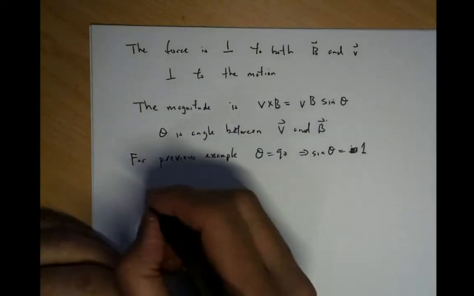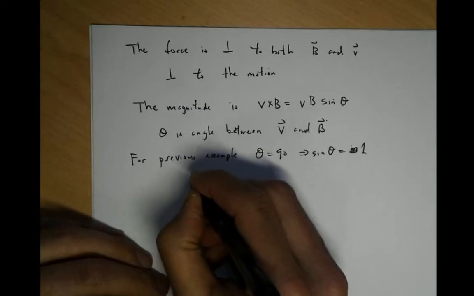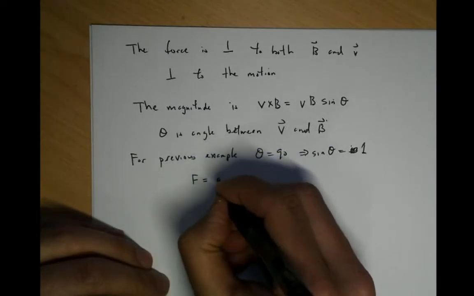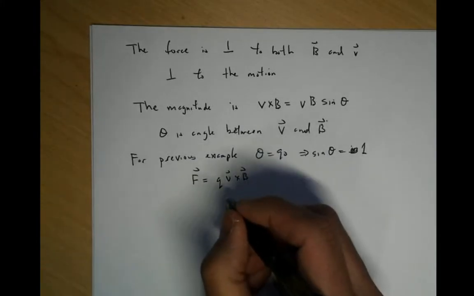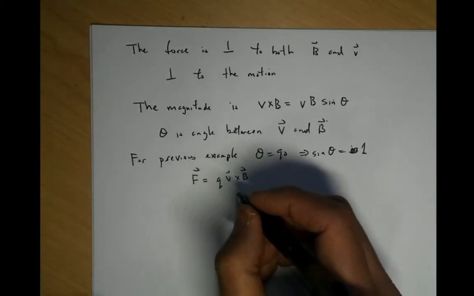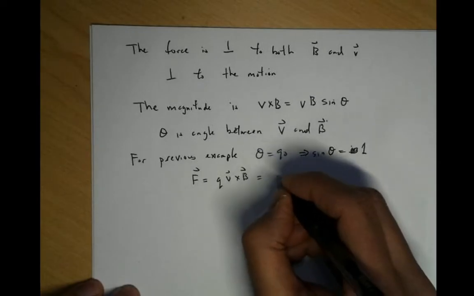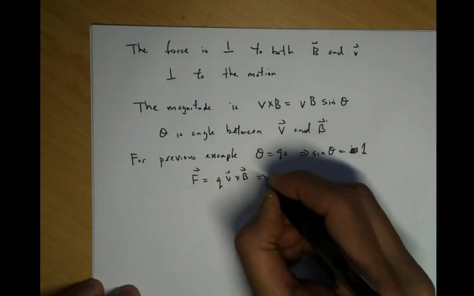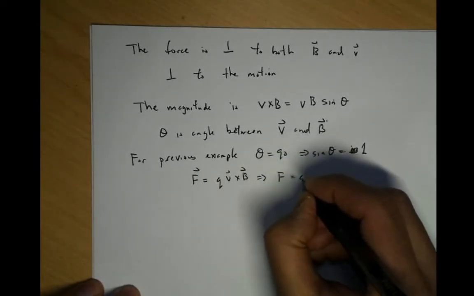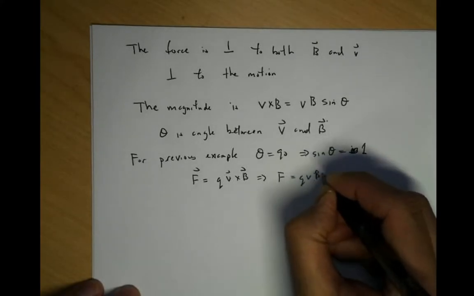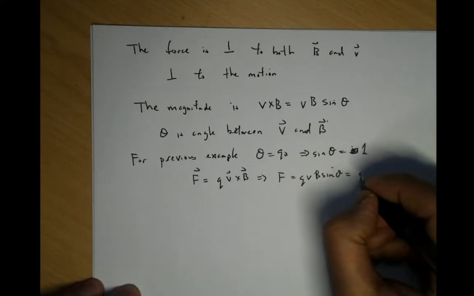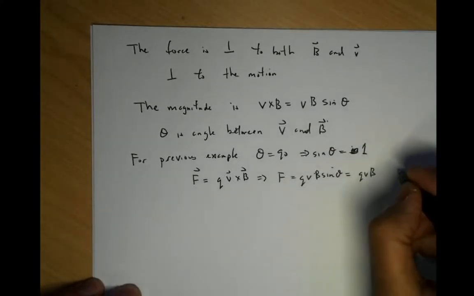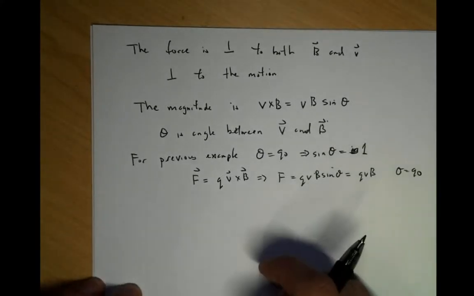Okay, so we wrote that the force is going to be equal to QV cross B, all right? We also know that because it's 90 degrees, the magnitude F is equal to QVB sine theta, which we just derived, because it's 90 degrees, is just QVB, okay? Theta equals 90 in this case.